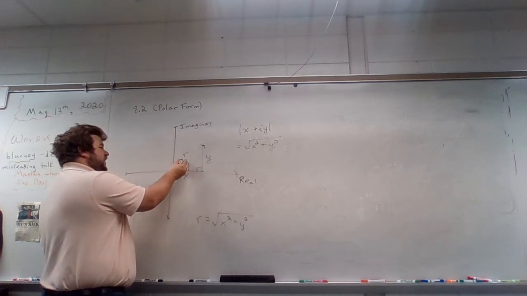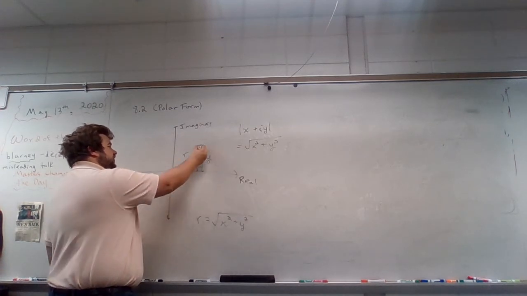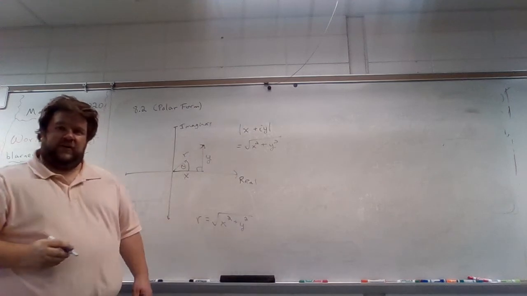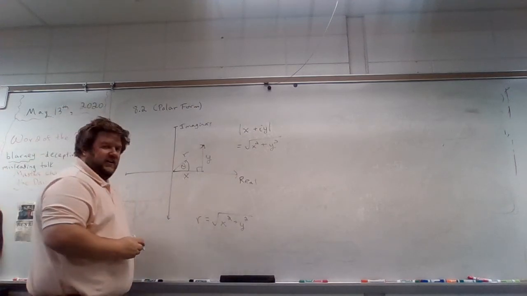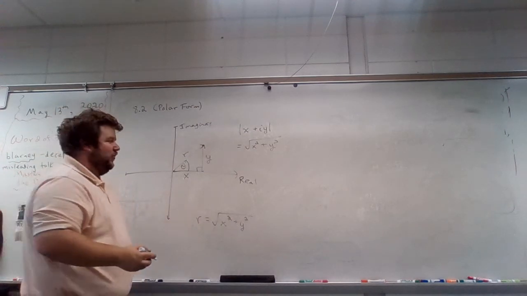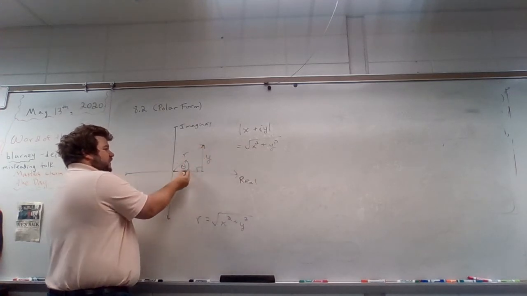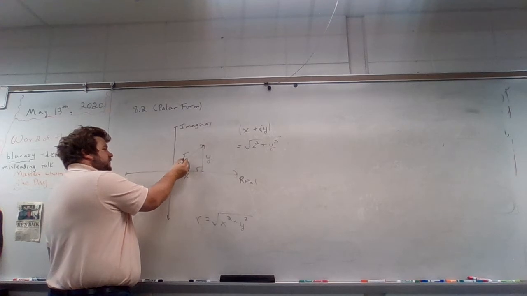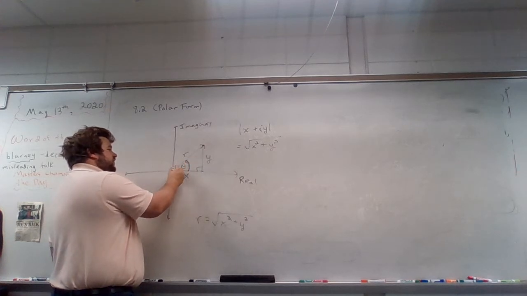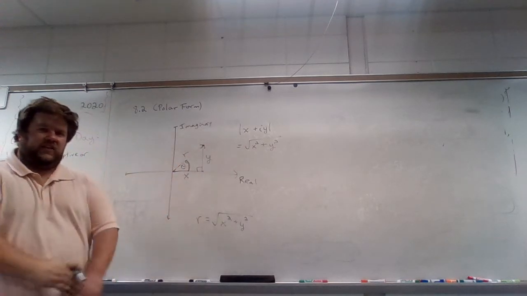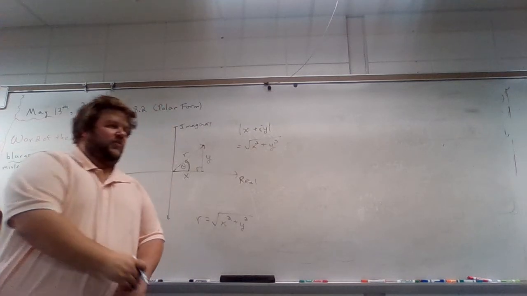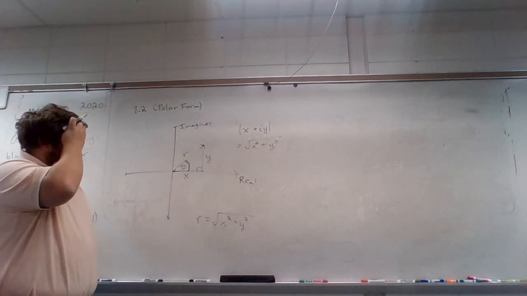So go this angle and then go out this distance r to locate the point. So it's a different way of thinking about locating a point in the plane. Instead of going over x and going up y, I go some angle theta, and then I go some distance r from the origin, and I locate the point that way. And we refer to this as polar form.